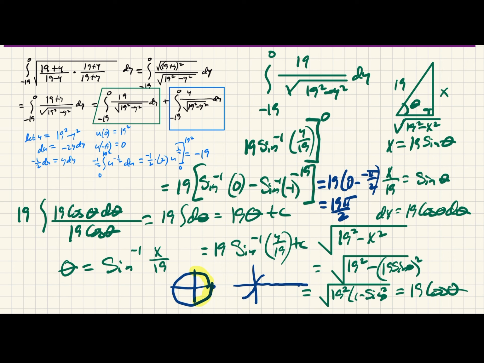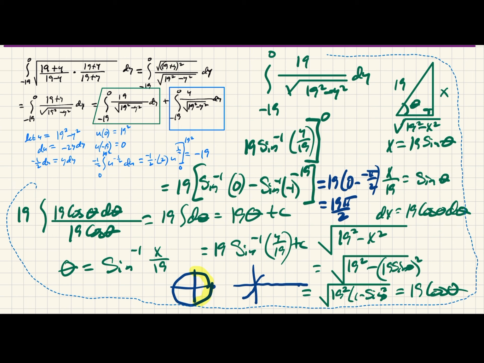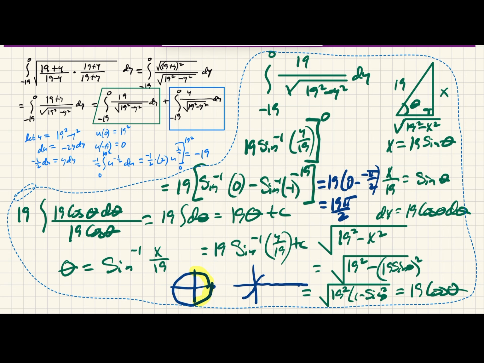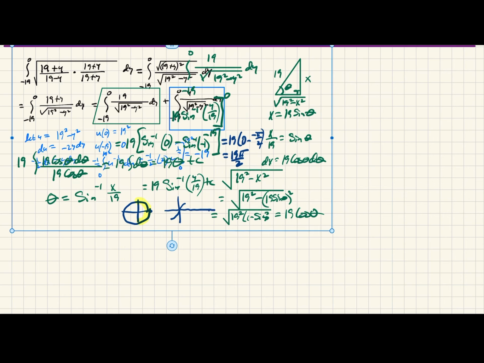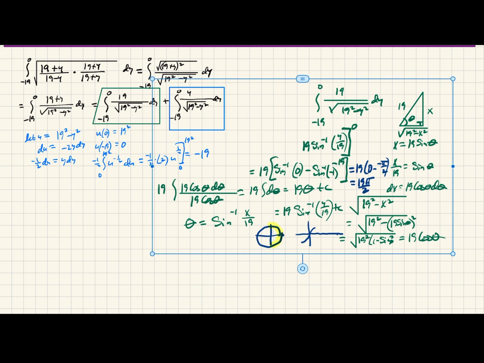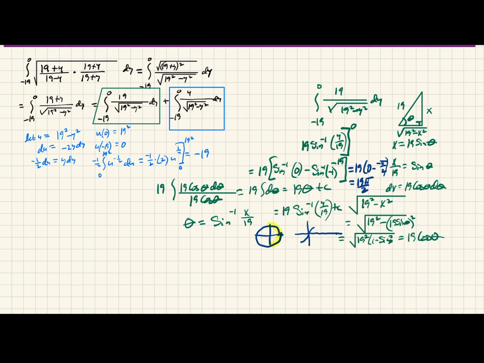Okay, but that's not our answer, right? Because we had to combine it with the other part. So, in this gigantic mess that I have here, because I did a horrible job of organizing all this, okay, in all that mess, I've got this part that's 19 pi over 2 and that minus 19.